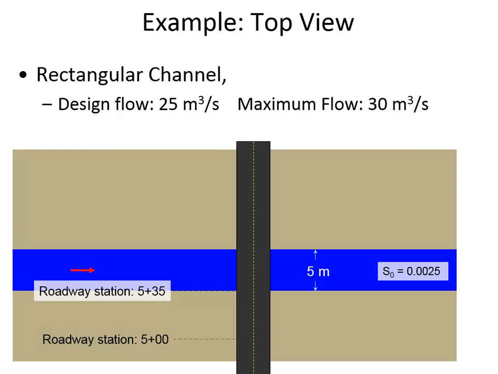If the water level is this high, the water is only going through the pipe. If the water level goes up to here, then the water is flowing over the top of the road, and simultaneously it's also going through the pipe. So there will be some flow through the culvert barrel and some flow over the top of the road. So we have to specify the length of the crest, as it's called, the channel width, and the elevation.